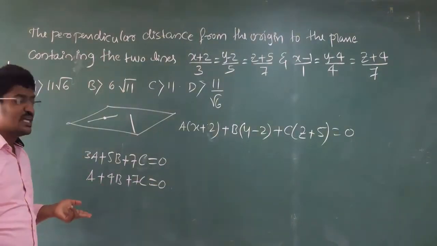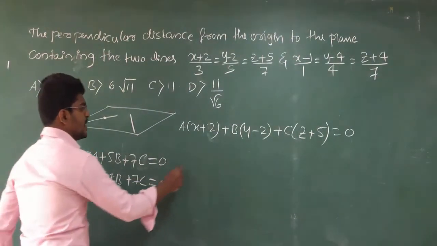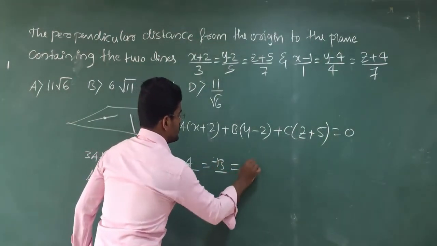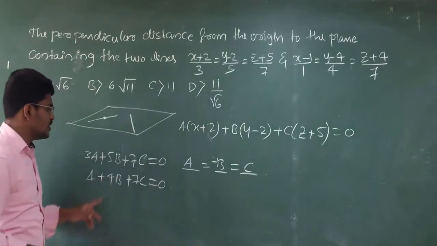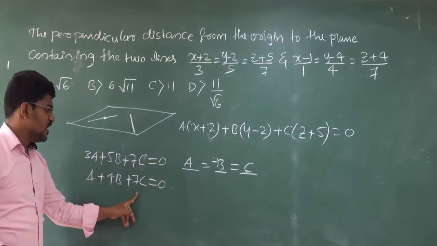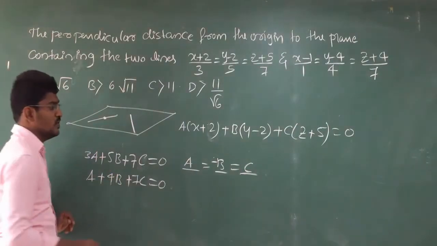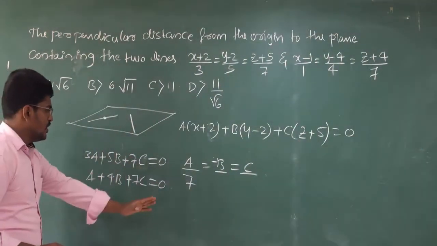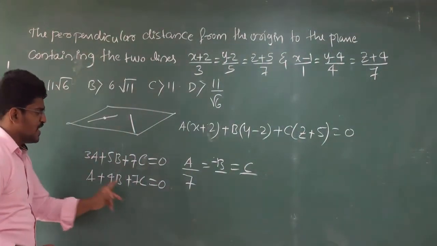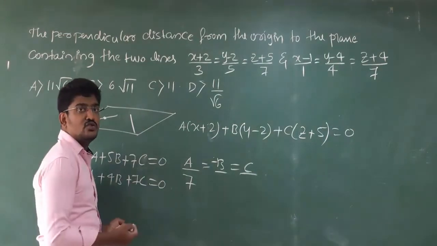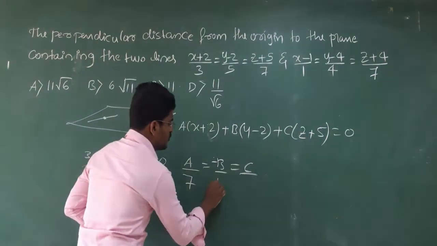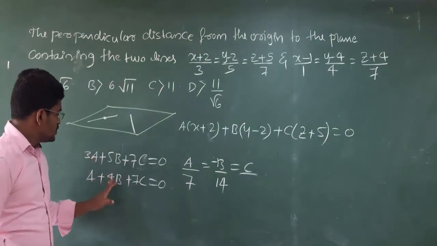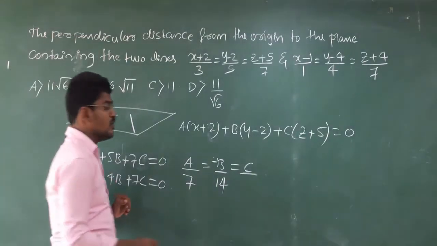So by cross multiplication, let us find A, B, C, that is A equal to B equal to C. So that will be what? 5 into 7, 35 minus 28 will be equal to 7. Next, 7 minus 21 will be equal to what? 14. Next, 12 minus 5 will be equal to what? 7.